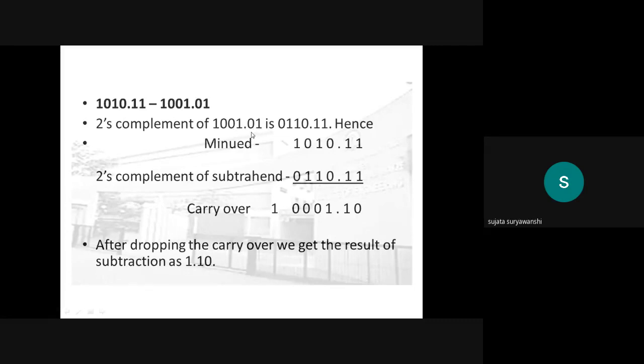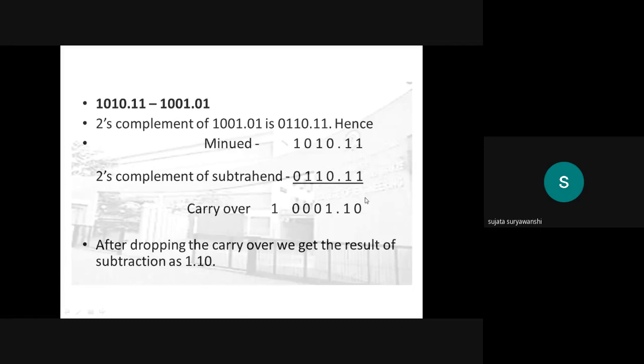Don't consider the fractional point when finding the 2's complement. Just consider the LSB as 1, write down 1 as it is, and then alter all the remaining bits to get the 2's complement of a fractional number. Then your first number is 1010.11, and add the 2's complement of your second number, that is 011011.